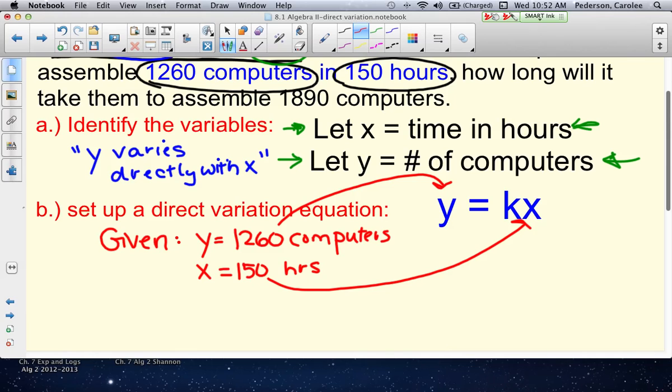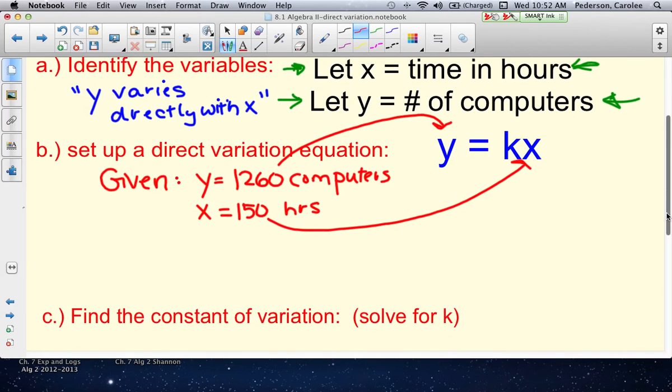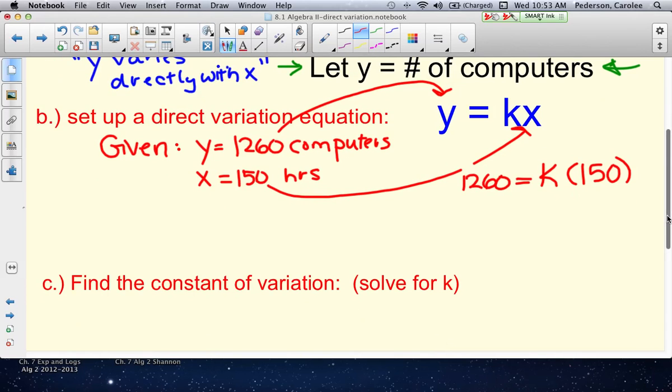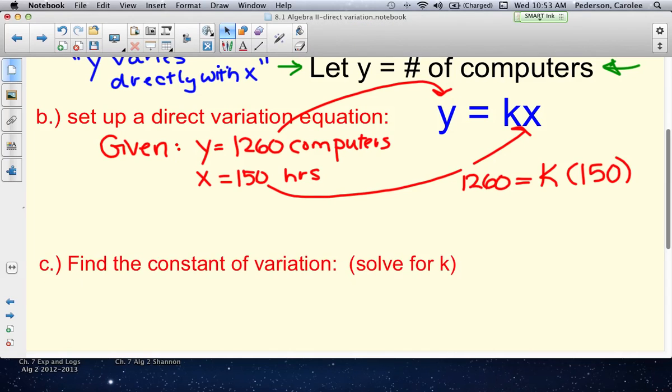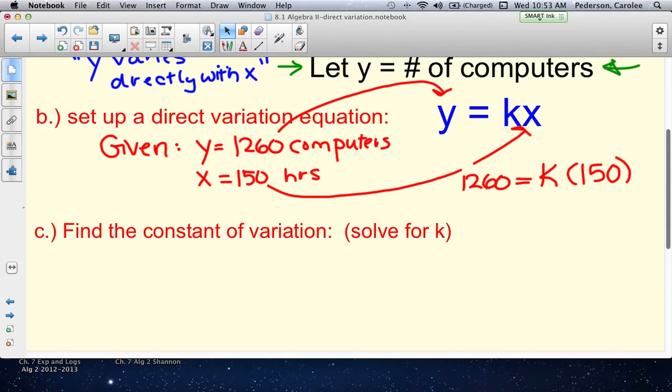And we're going to first solve for that constant of variation. So y was 1,260, our k is our unknown, and then we have 150 hours. Now the next step, we solve for that k.